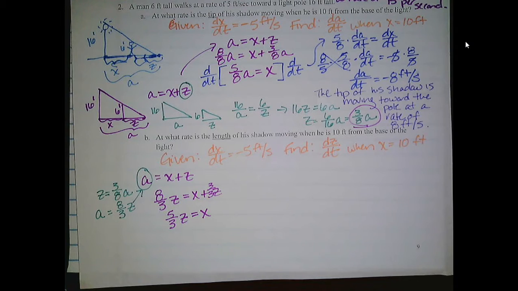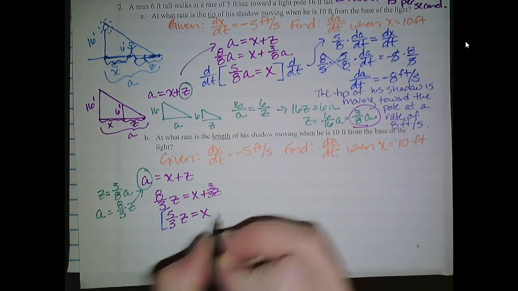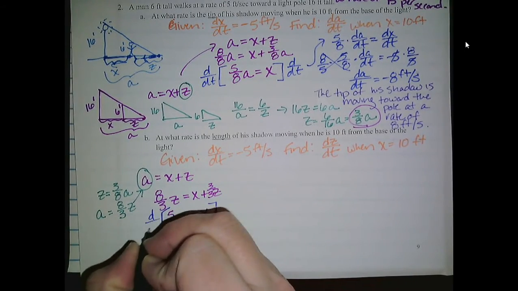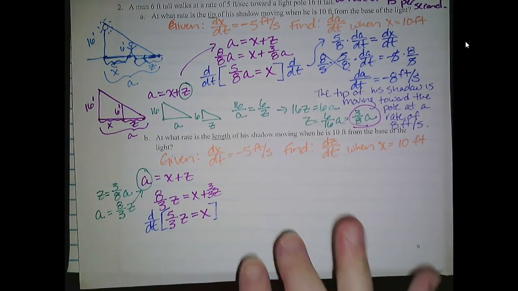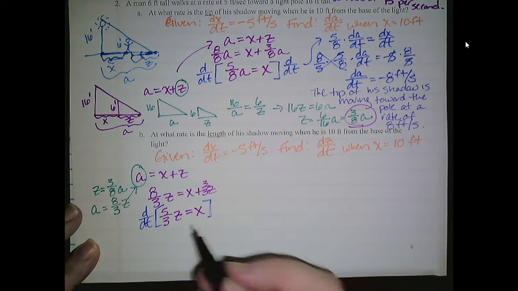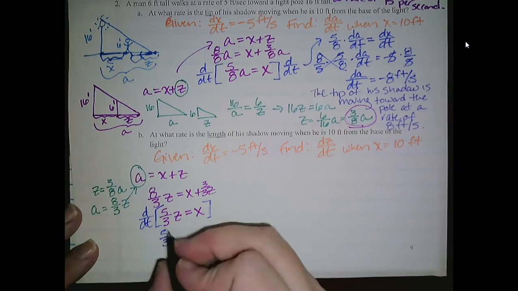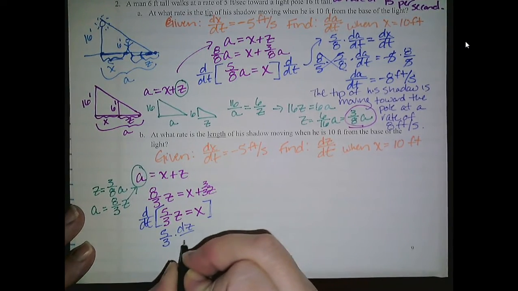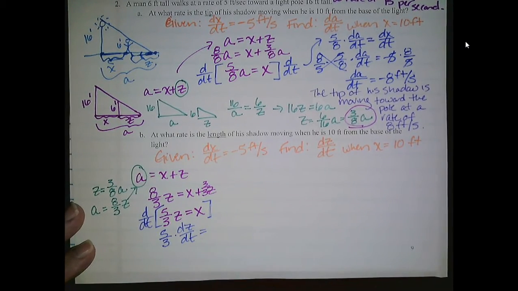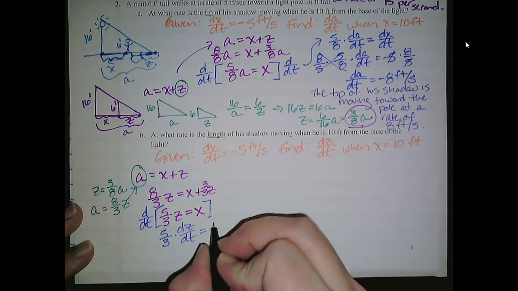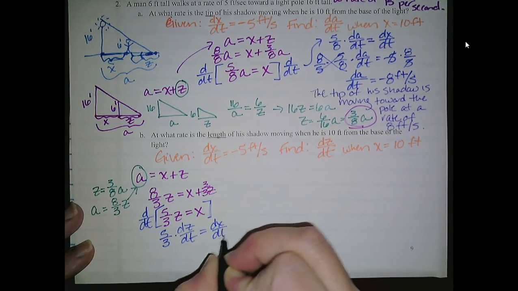So now I'm ready to differentiate. So now I'm going to differentiate everything with respect to t. So I have 5/3 times the derivative of z with respect to t, dz dt, equals the derivative of x with respect to t, dx dt.